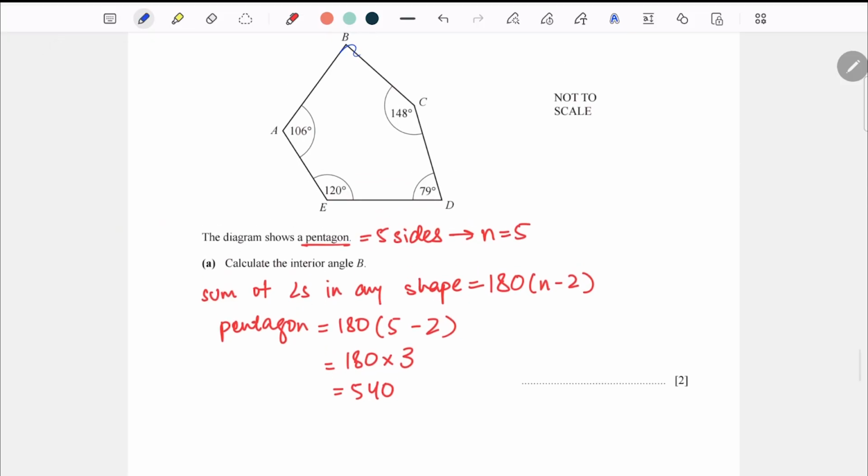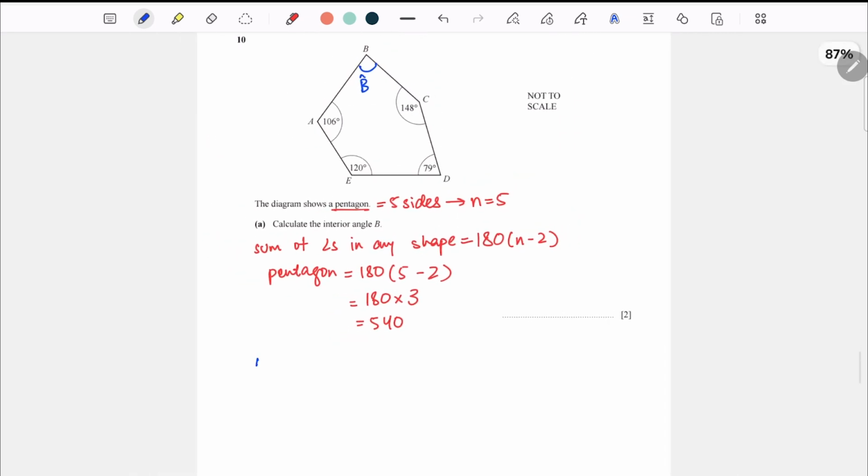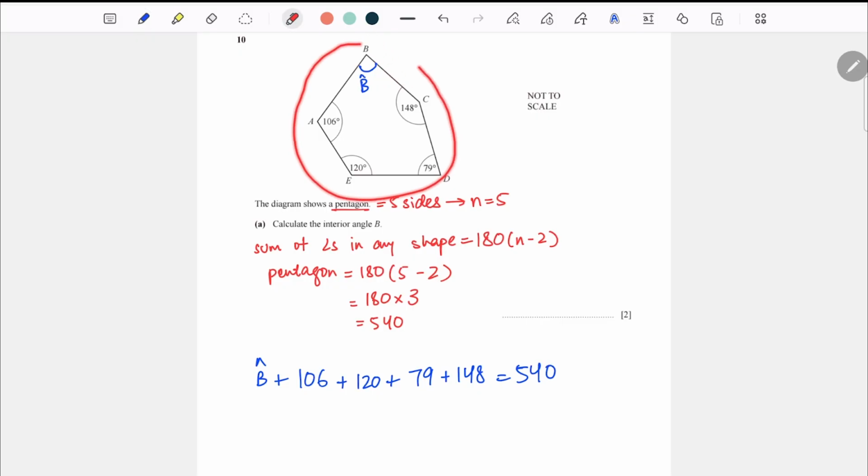So we'll basically add angle B plus 106 plus 120 plus 79 and 148 and equate it to 540. So what I did was I added all of these angles together and equated them to the sum, which is equal to 540.